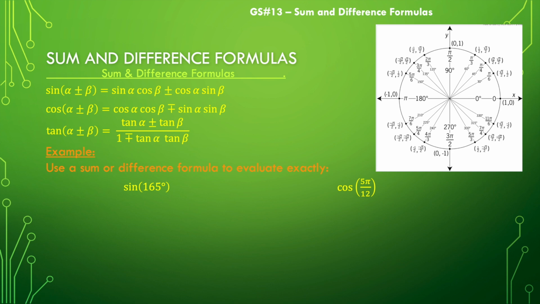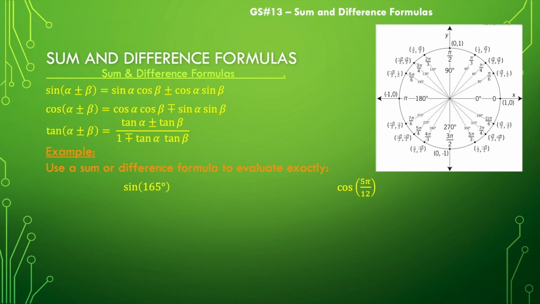So let's go right next to 165 degrees on my unit circle. If I'm thinking about 150 degrees, well, I'd have to add 15 degrees to that to get 165, and that I don't know anything about. If I go back, though, to 135 degrees, I could express this as the sum of 135 degrees plus 30 degrees.